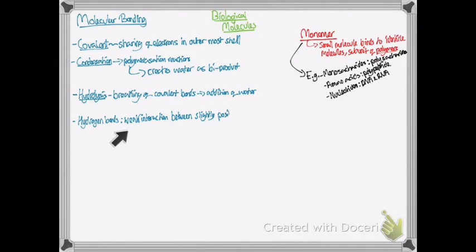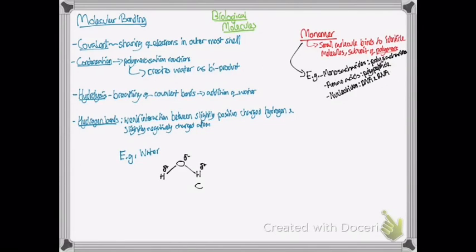Hydrogen bonds are weak interactions between slightly positively charged hydrogen atoms and slightly negatively charged atoms in general, so it can be any other atom. Our example here is water. Right now I'm drawing a water molecule. It's got delta minus on the oxygen and delta plus on the hydrogen, indicating our slightly positive and slightly negative charges.